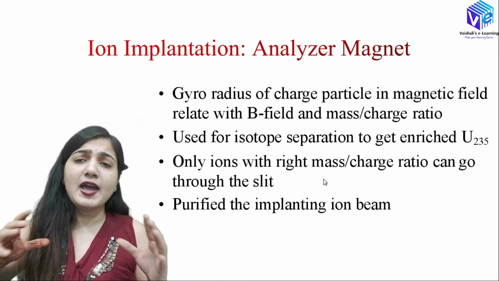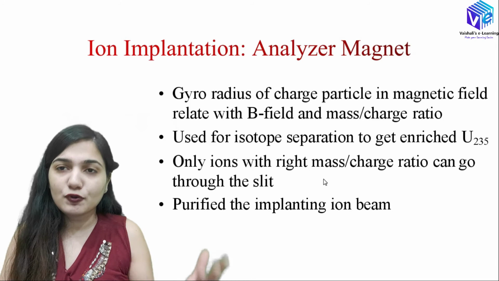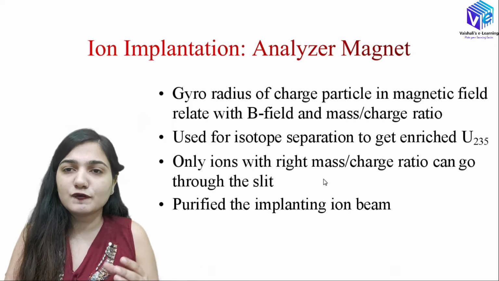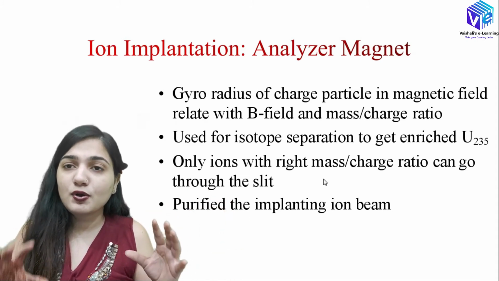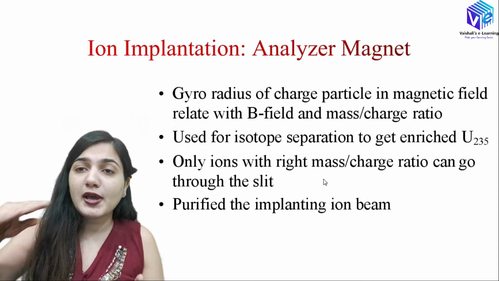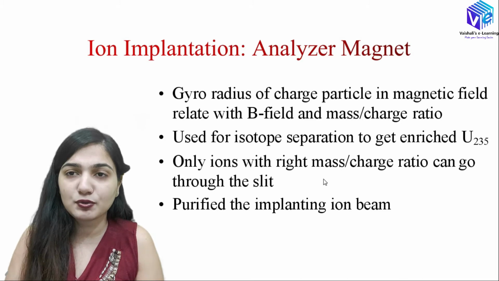If I have various charges present, for example PH3, I have phosphorus ions, and then I have hydrogen ions as well. Hydrogen ions and phosphorus ions I have to separate, because I just want to send the phosphorus ion to the wafer.